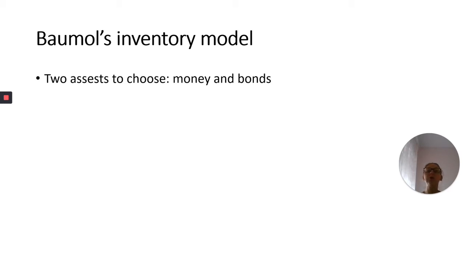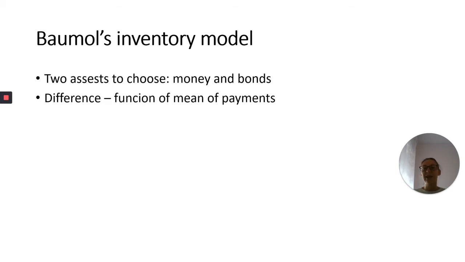So in Baumol's inventory model, again, there are some assumptions: in general, people have to choose between two assets, money and bonds. And here I wanted to remind that when we say bonds, we refer to all the other possible financial assets which are not cash, though we just have one word to name it.